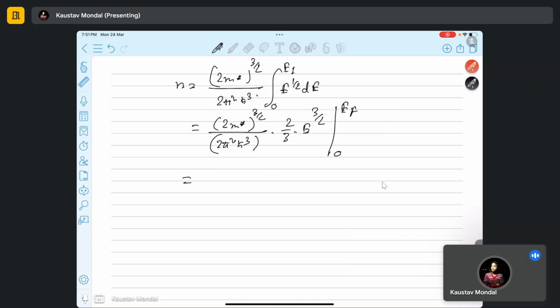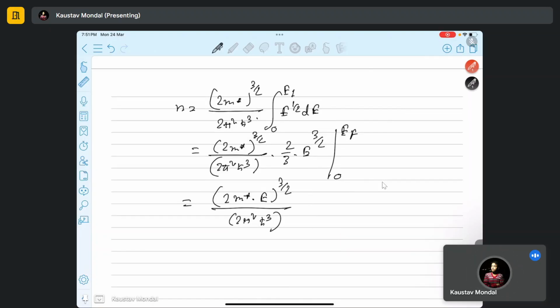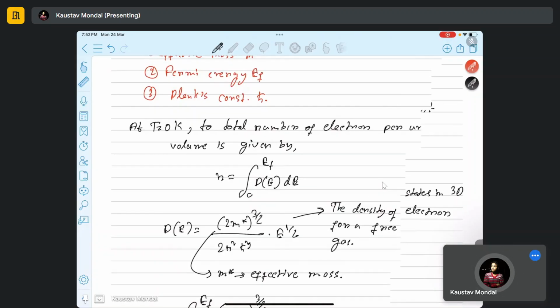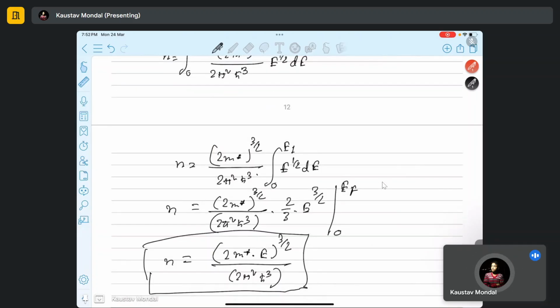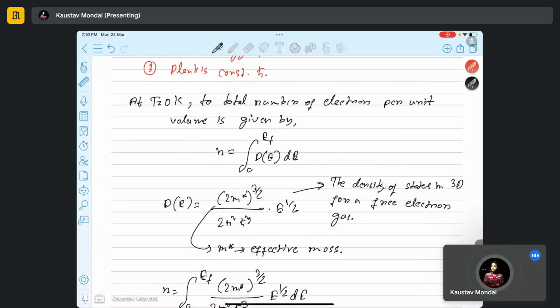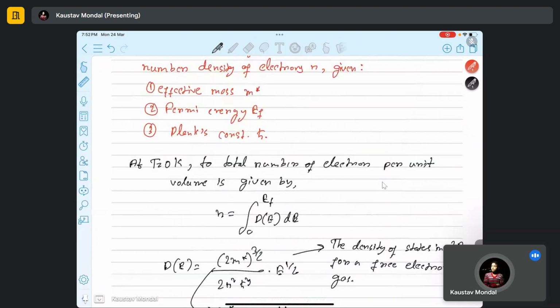Now if you substitute all of this, it gives you the number density. So this is the number density expression, and all the terms like m*, the effective mass, EF, and ħ are there, as mentioned in the problem.